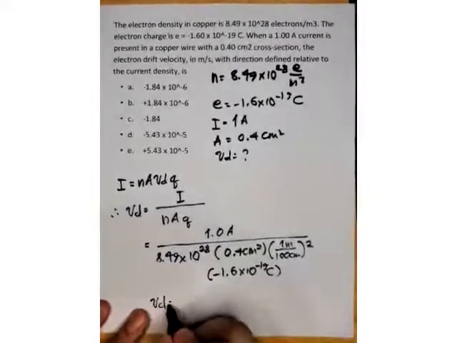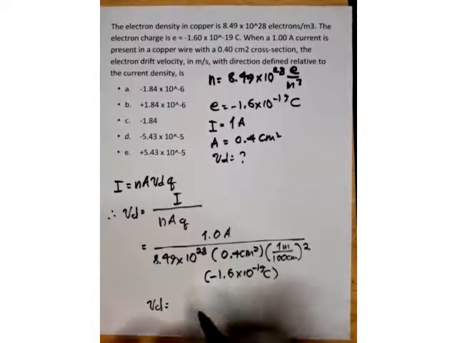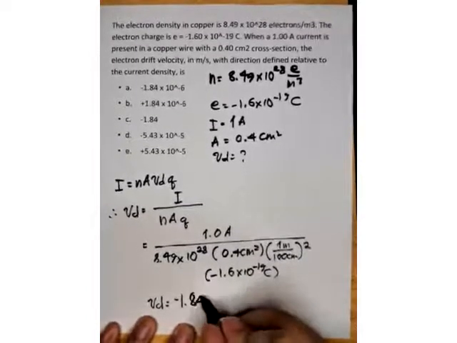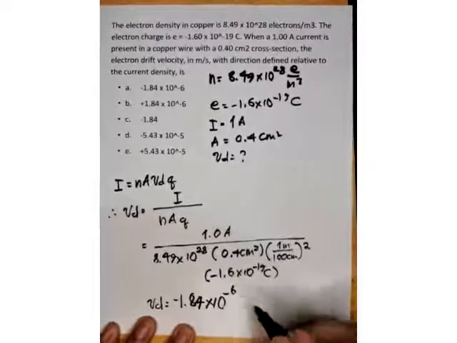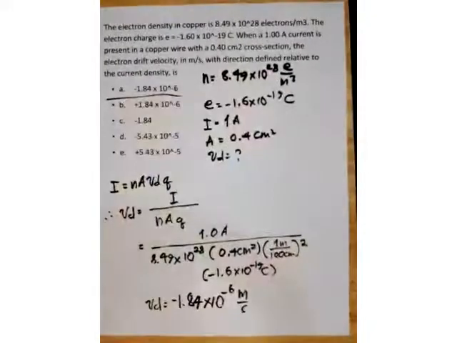Okay, what is the drift speed? It's negative 1.84 times 10 to the negative 6 meters per second. So the answer is A.